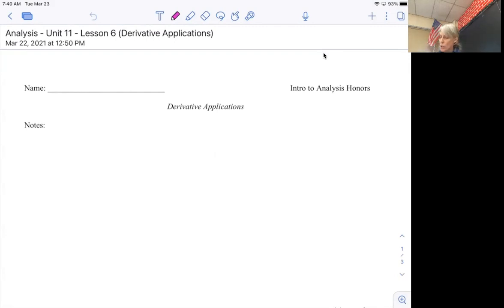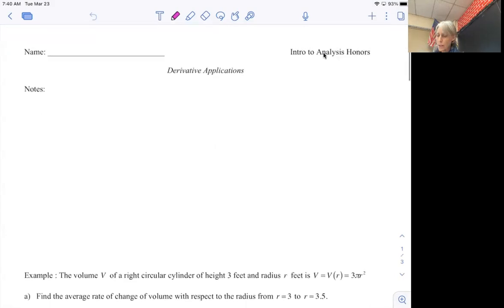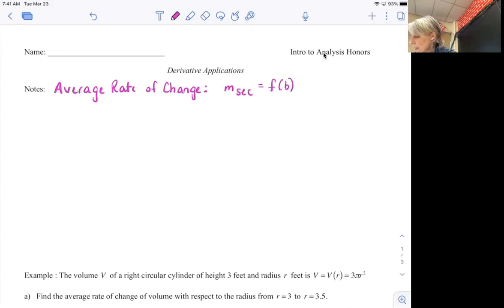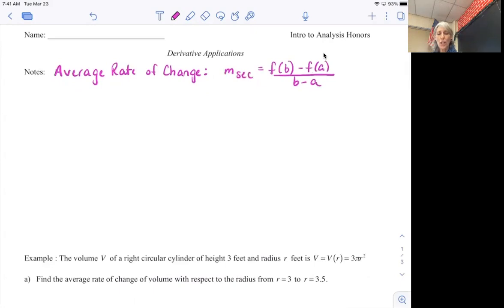Okay, so let's just start with some basic notes here. When we want to find the average rate of change on a given interval of a function, we've referred to that as the slope of a secant line, which is f of b minus f of a over b minus a. I kind of revert back to that when I'm setting up my average rate of change.